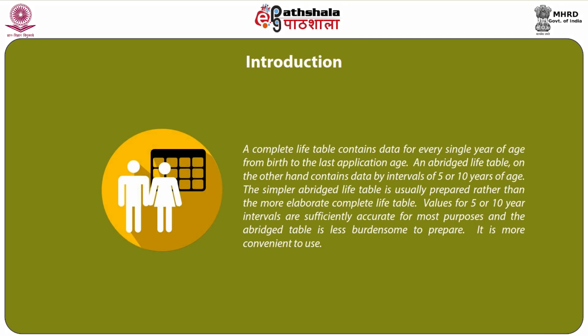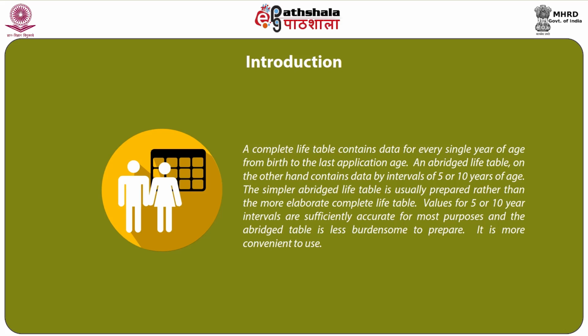A complete life table contains data for every single year of age from birth to the last applicable age. An abridged life table, on the other hand, contains data by intervals of 5 or 10 years of age. The simpler abridged life table is usually prepared rather than the more elaborate complete life table.